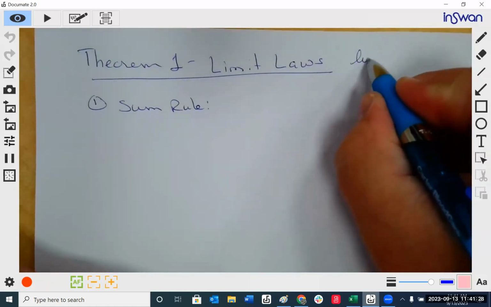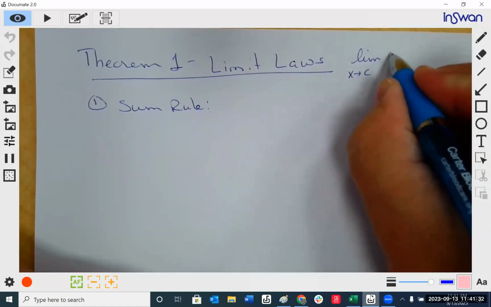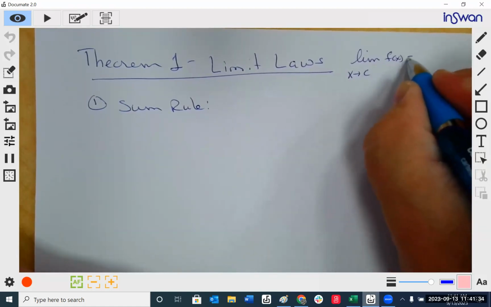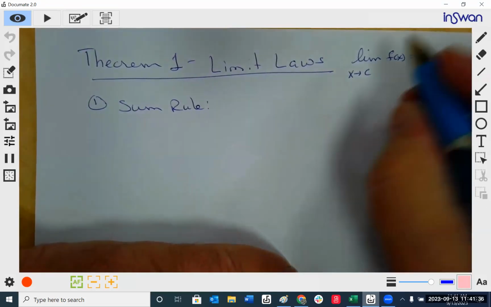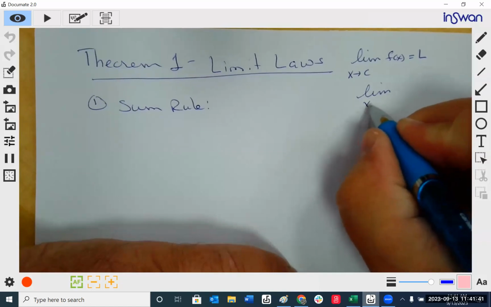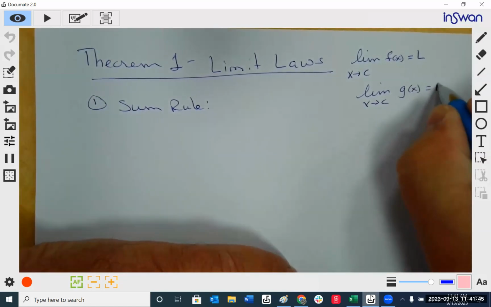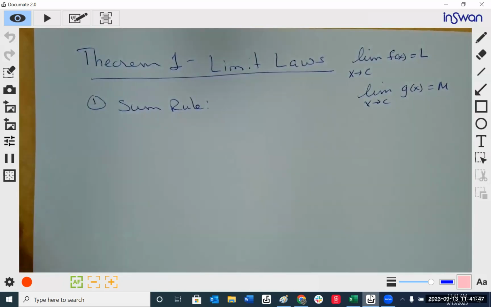The limit as x approaches c of f of x is L. The limit as x approaches c of g of x equals m. Because I have to define what the limits are going towards.